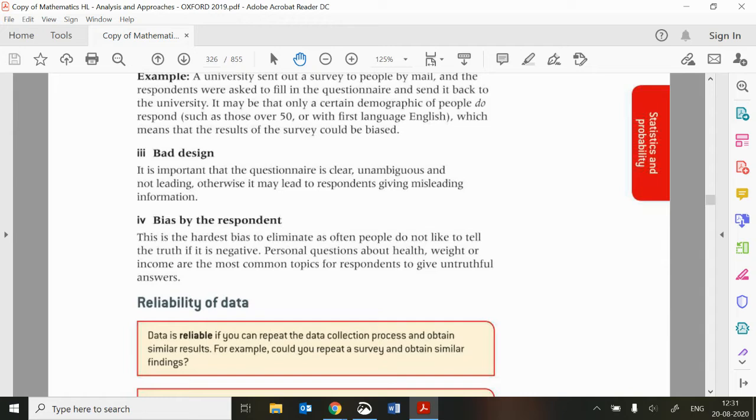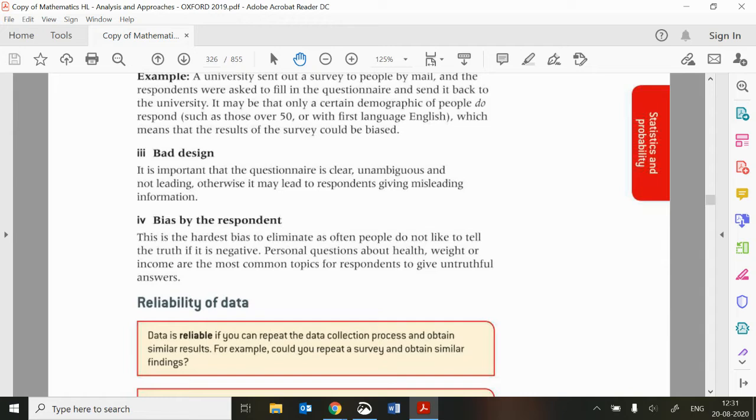A leading question would be, for example, to say, don't you think you should get a grade 7 for maths? And you say, well, yeah, I think I should get a grade 7. But those questions which start off with a leading question are leading you down one way of thinking.